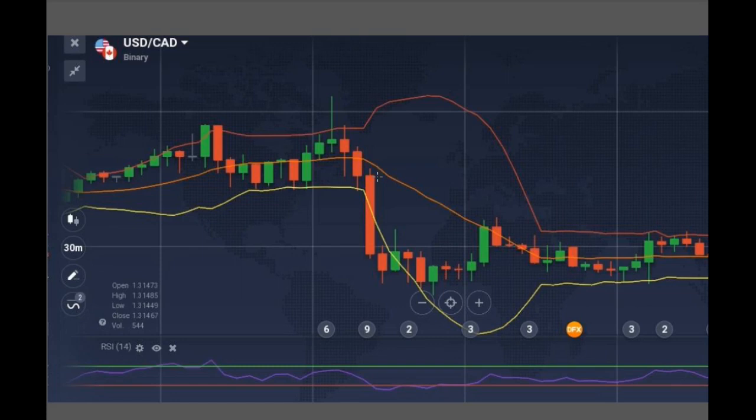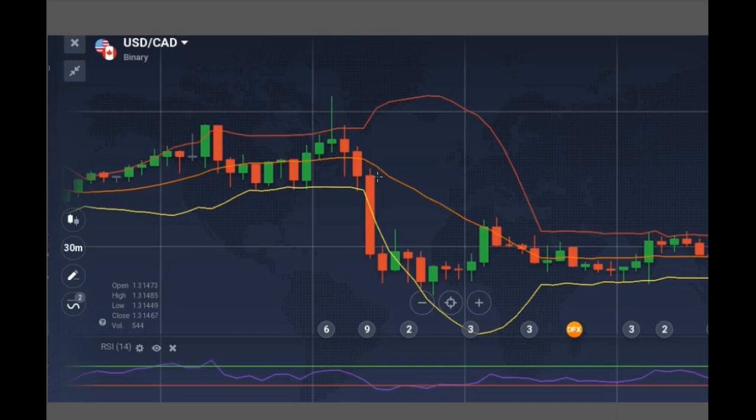By the way, never trade 1 minute expiry. 1 minute is not for people with a system. The 1 minute expiry is not for people that have generated or created a trading system or strategy.